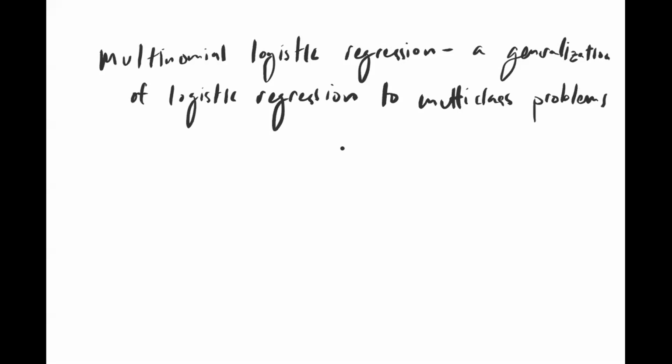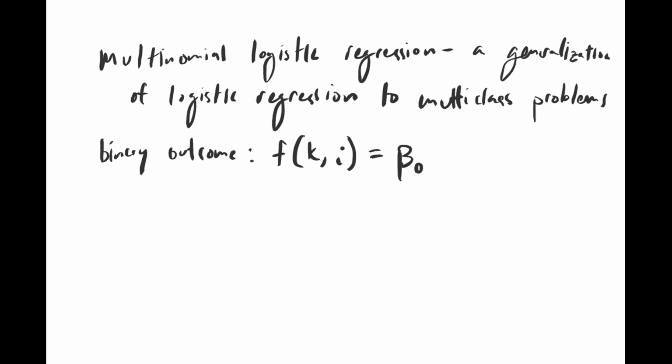So last time we talked about binary outcomes. So this was something like F_k of i, so beta 0k plus beta 1k x1i.